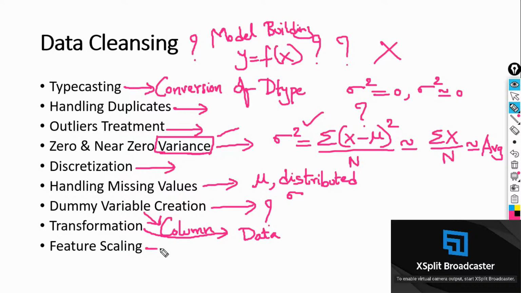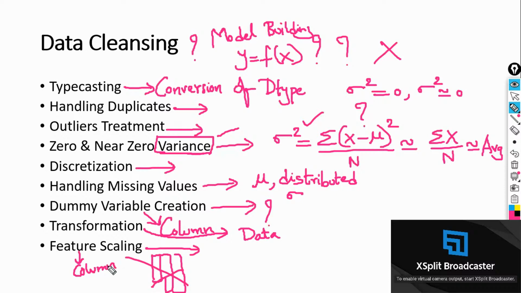Perfect. And the final one is feature scaling. Just now we discussed the other name for column, so obviously this is nothing but column scaling. What is this column scaling? Am I going to measure the size of the column using a scale? How big the column is? No, friend.